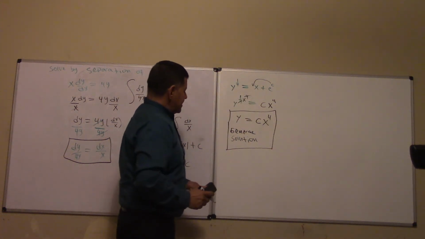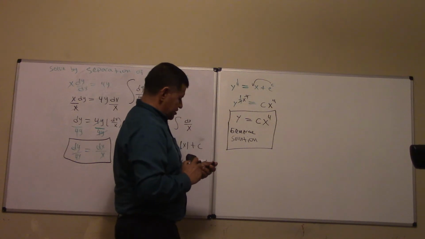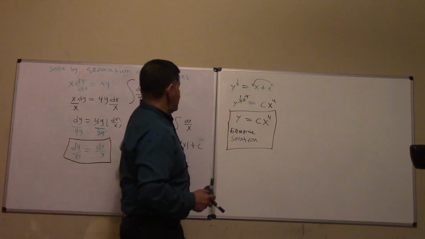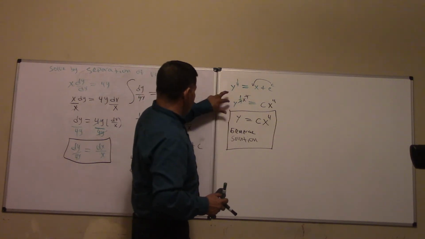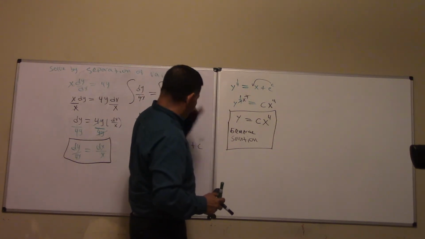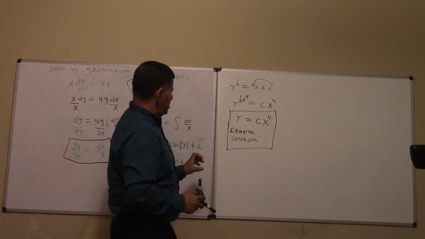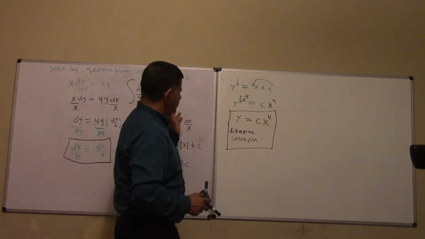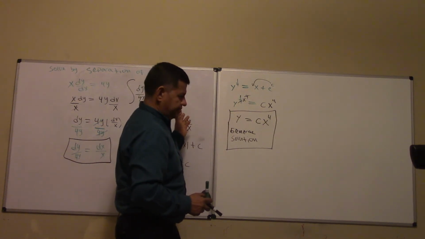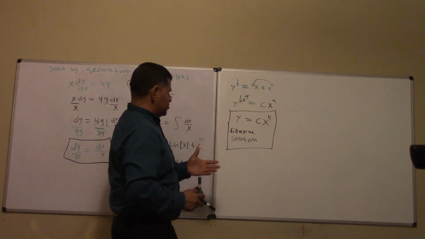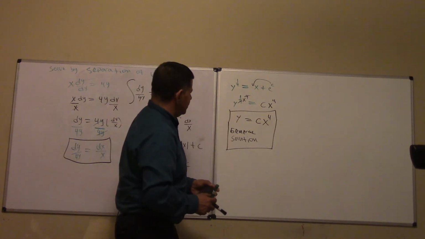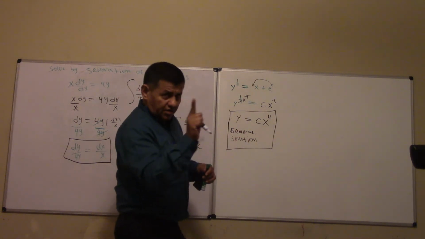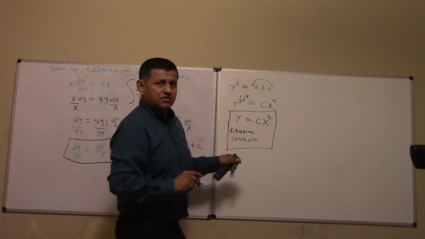So now let's say that you want to find a particular solution of this differential equation when some function was evaluated at some number x, for example. And you want to find the particular solution because this is a general solution.